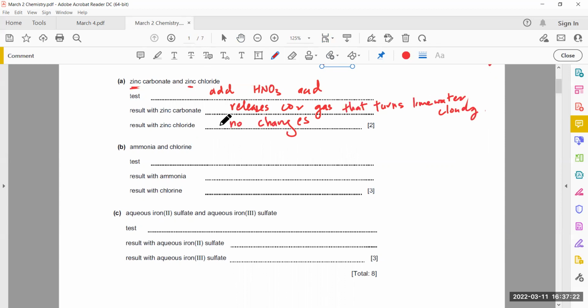Did you get this correct? Teacher, can I say one has no precipitate and the other has white precipitate? When you do what? Add water? Add nitric acid? No. You add nitric acid, both will dissolve. Zinc carbonate doesn't dissolve in water.